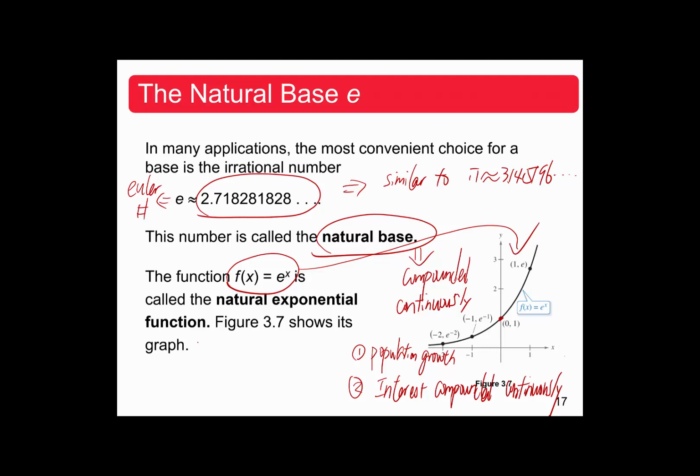Maybe just summarize that really quickly. Domain: from negative infinity to infinity. Second one, range: from 0 to infinity. Third one, the y-intercept: 0, 1. And then fourth one, the x-axis is the horizontal asymptote.